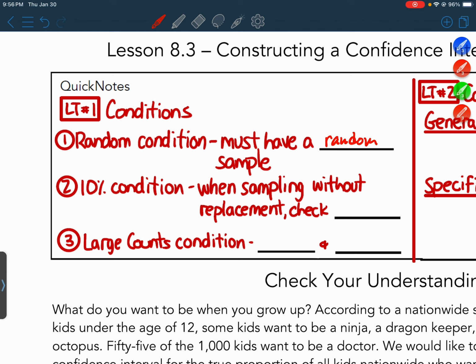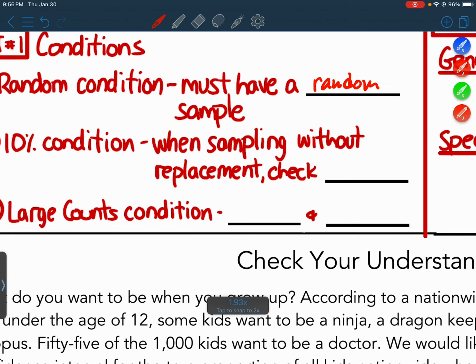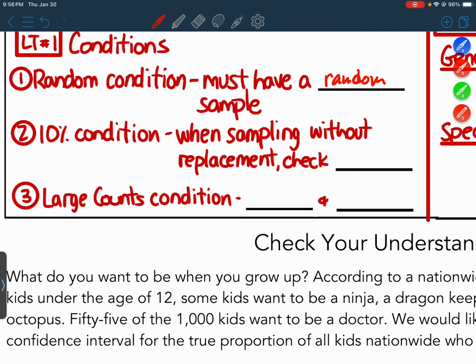We want it to be random so that it's unbiased, so that it's representative, so that we can generalize the results to the population. Condition number 2 is a 10% condition, which needs to be done when you sample without replacement, which is almost all the time. So you're going to check that the sample size is less than or equal to 10% of the population size.